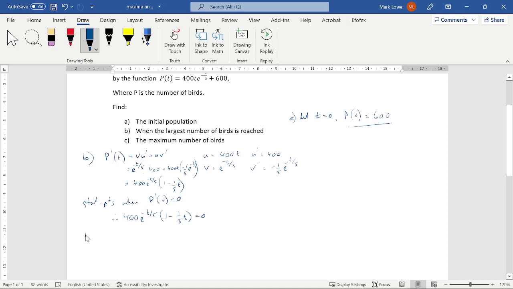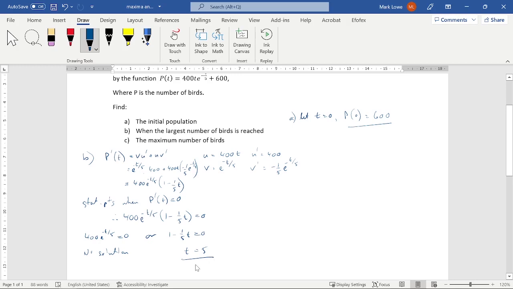So 400 e to the negative t over 5 equals 0, or 1 minus 1 over 5 t equals 0. With our exponential, there's no solution for that one because an exponential can't equal 0. So we're just left with t equals 5 when we solve for t.